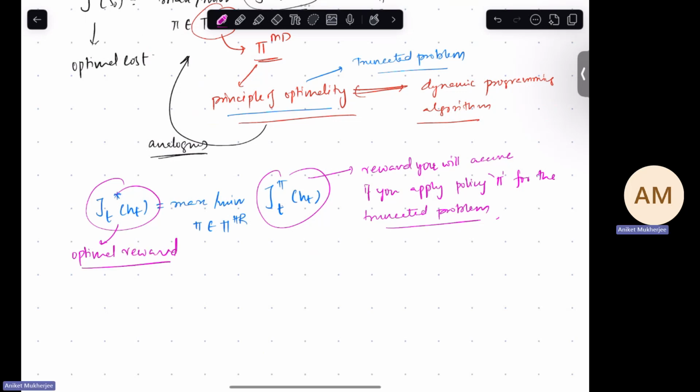It could be optimal reward, it could be optimal cost, so it could be maximum reward or minimum cost.